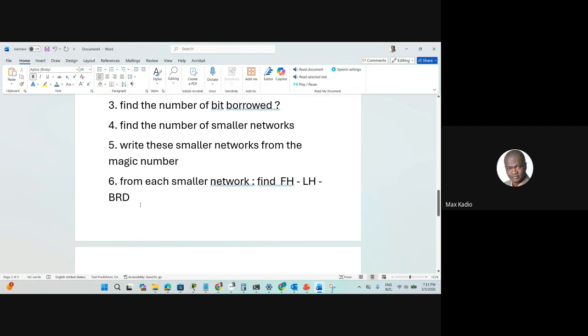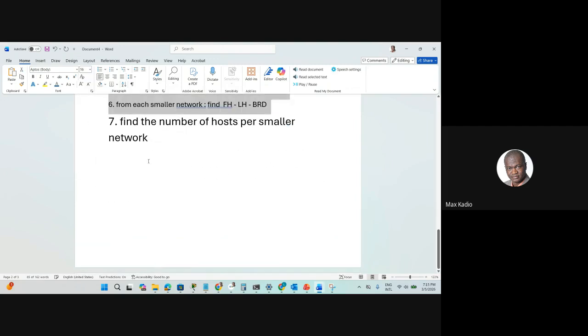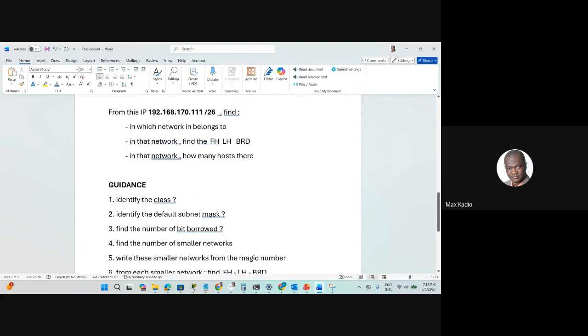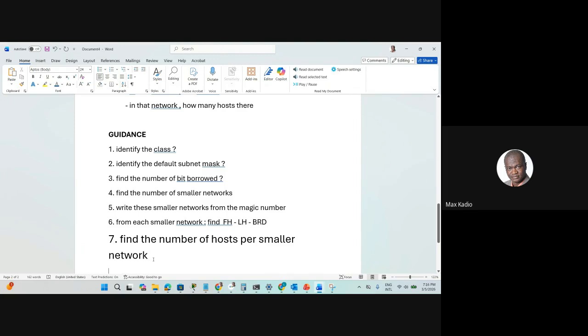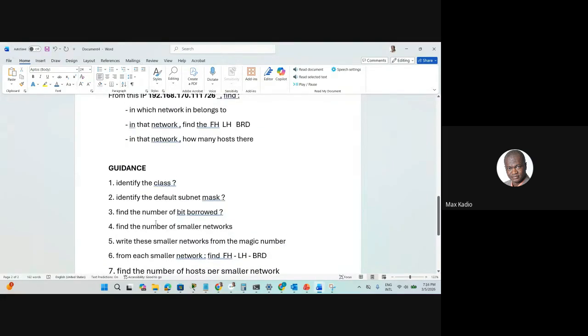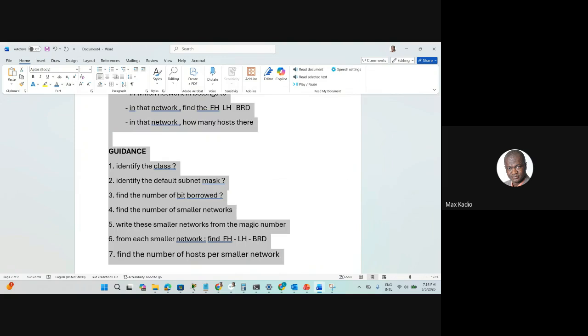To get smaller. Yeah, so this is our question here. Just find what's that? 18, put 18.